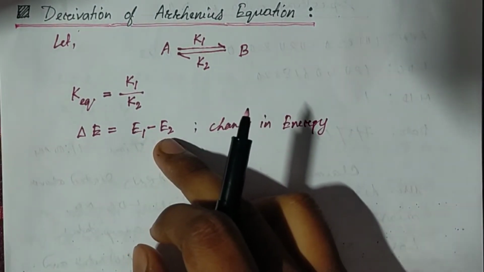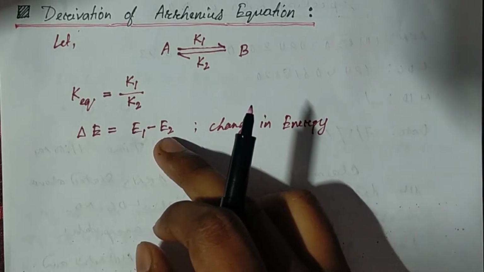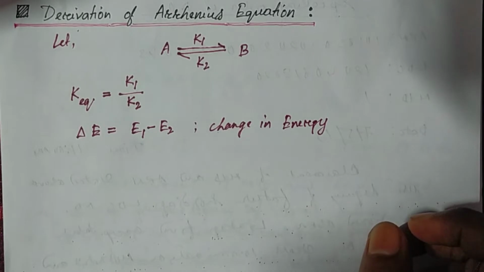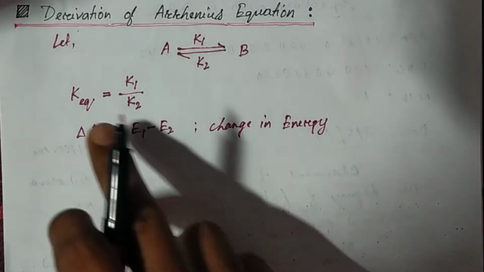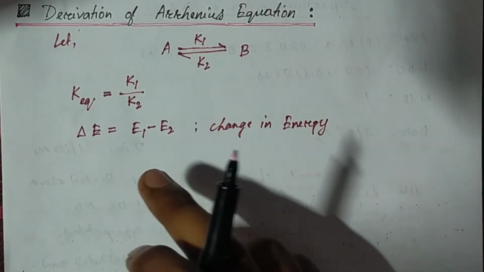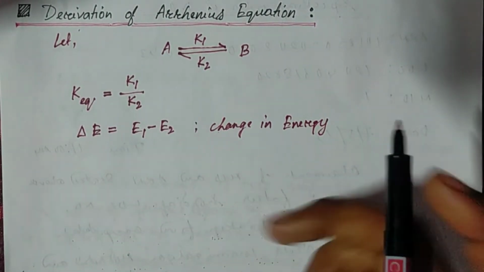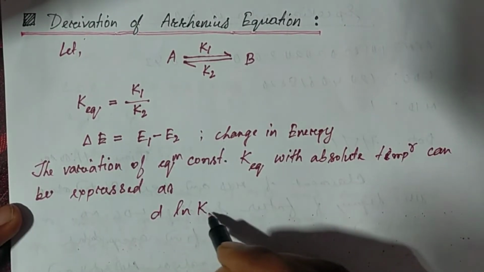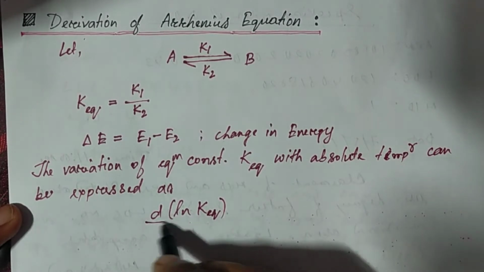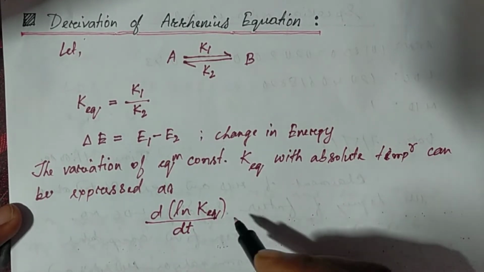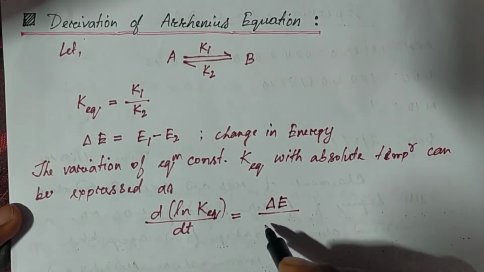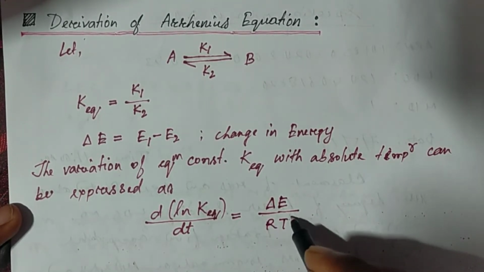Now, there is an expression from the van 't Hoff relation, which expresses the variation of the equilibrium constant with absolute temperature. d ln K equilibrium divided by dT is equal to del E by RT square.